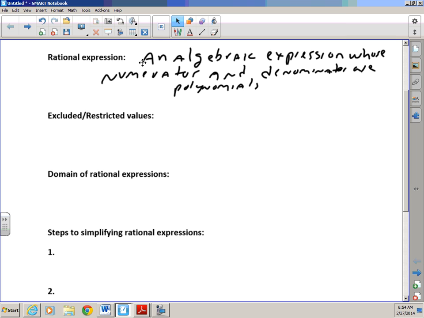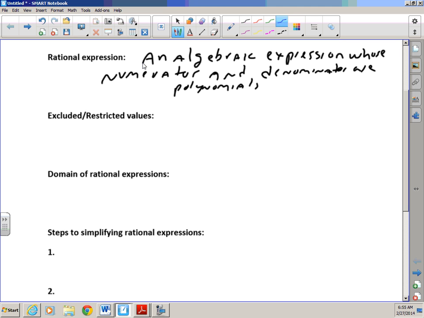Now, if you might recall, we dealt with this topic of excluded or restricted values. And we've seen this in many contexts. You saw it in the test that you just took, where you can have extraneous answers.